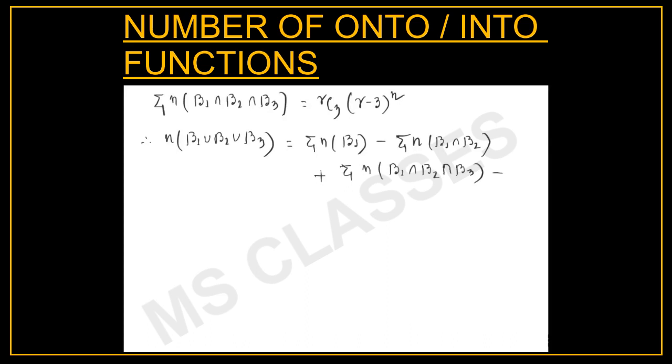Again inclusion like that. So this is RC1 (R minus 1) to the power of n minus RC2 (R minus 2) to the power of n plus RC3 (R minus 3) to the power of n. Like this it will continue.